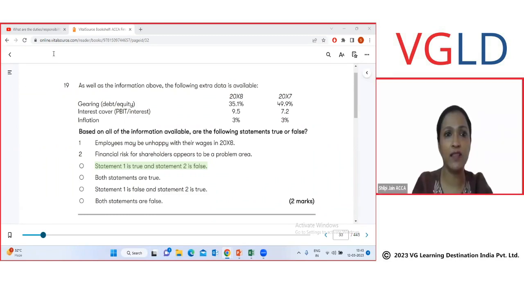Okay, so let's have a look at this as well as the information above. The extra information is given to you. Based on the information available, are the following statements true or false? Employees may be unhappy with their wages in 2008. Let's see what's happening with the wages of employees.